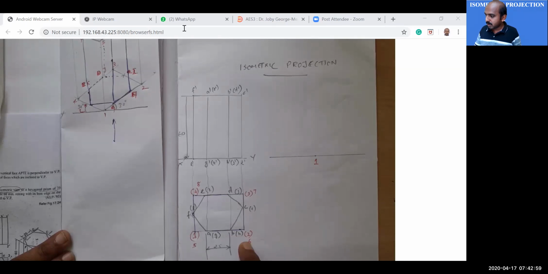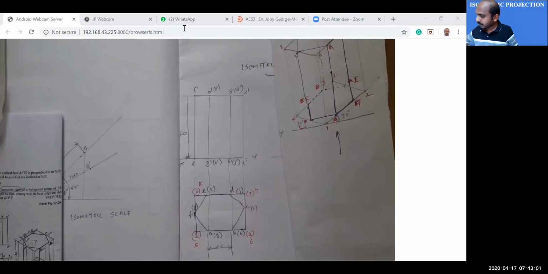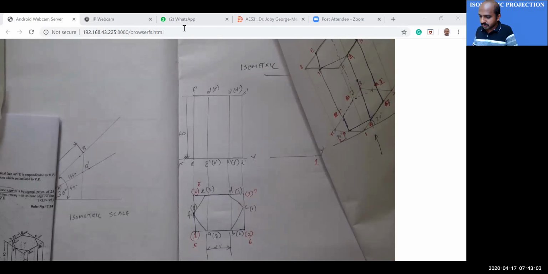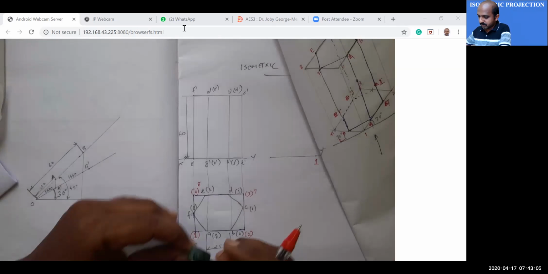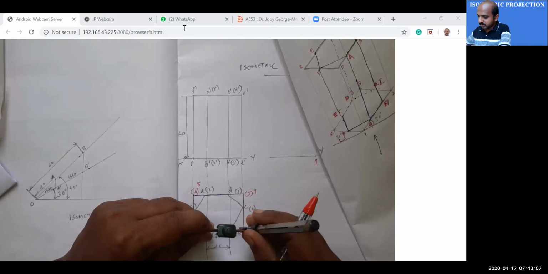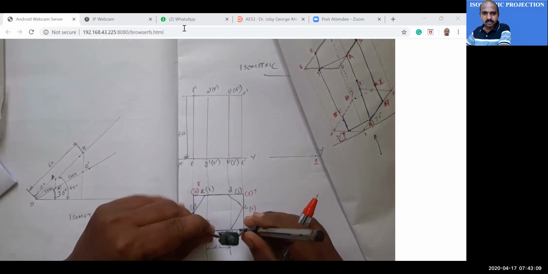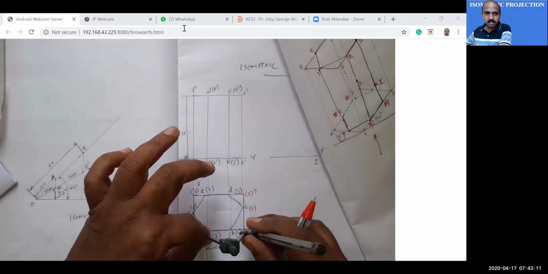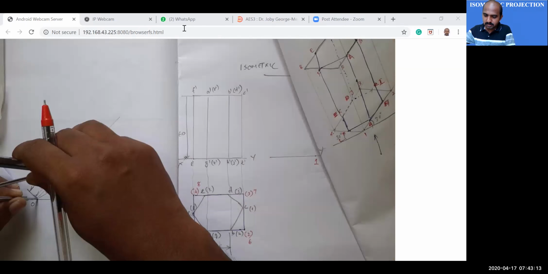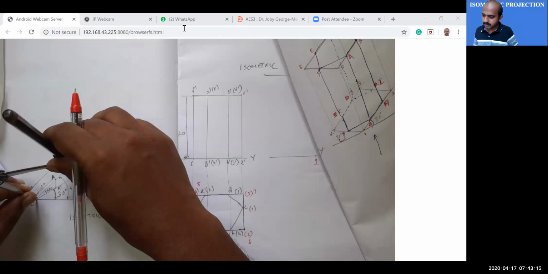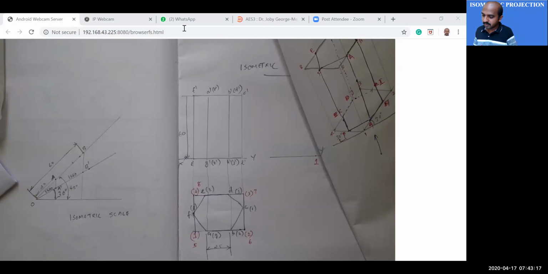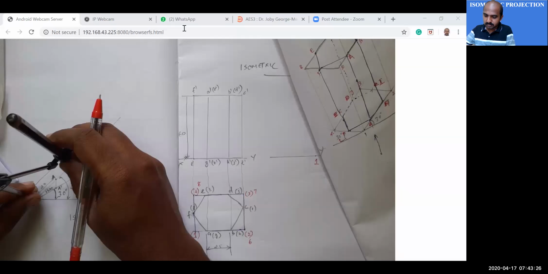So you measure this 1 to 2 distance and mark that distance on the isometric scale.